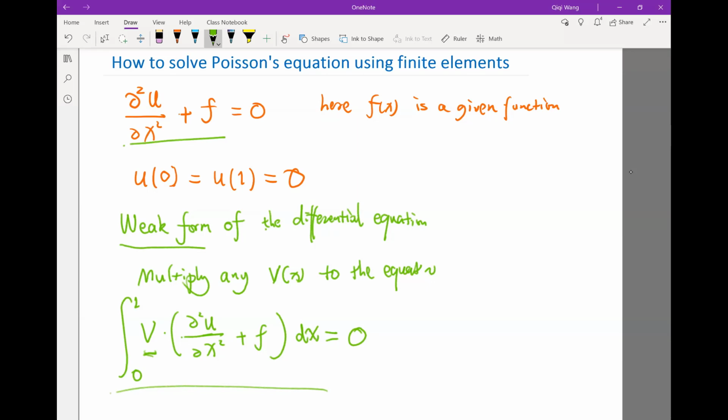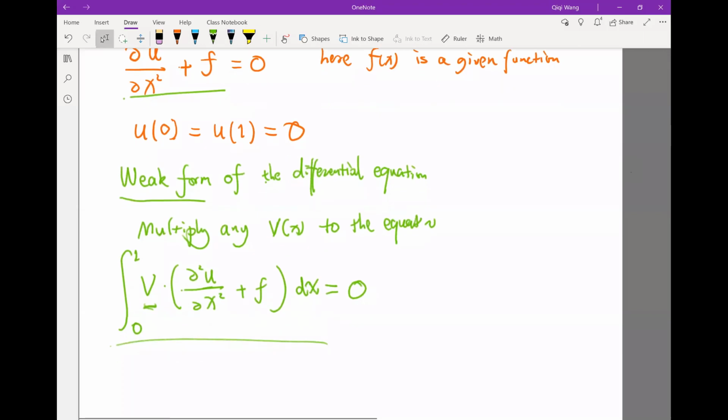Okay, and actually not exactly an arbitrary function. We are multiplying this with a differentiable, smooth function. Unlike in finite volume, where we multiply with the indicator function, either 0 or 1, which is discontinuous, in finite element we multiply with a differentiable function v.